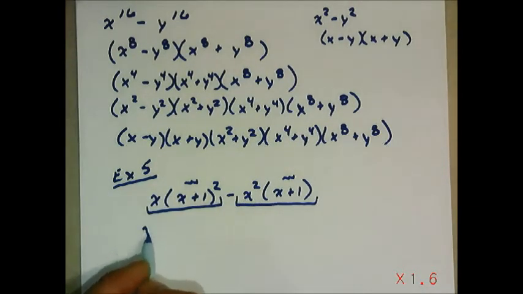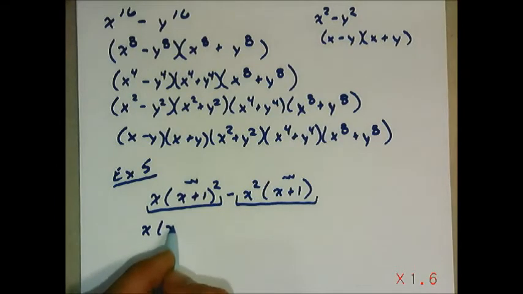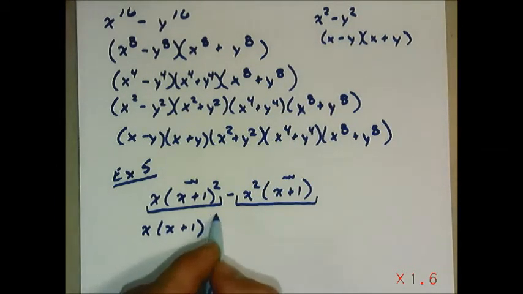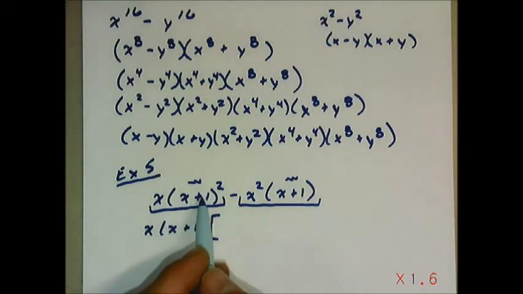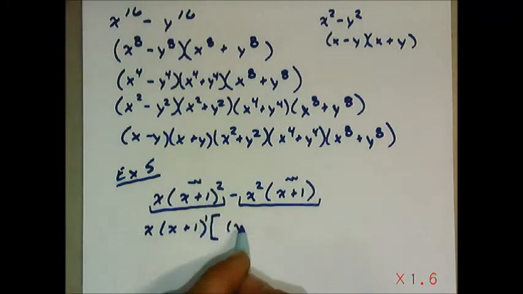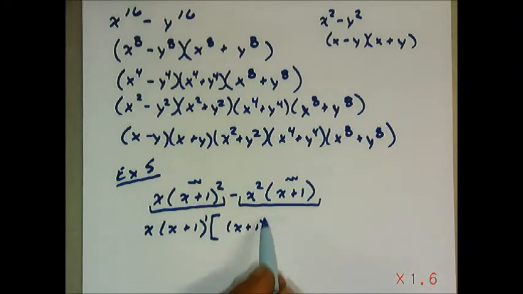So I can pull out the common factor of x and x plus 1. What I'm going to be left with, well, if I take an x and factor out an x, that's gone. If I take x plus 1 squared and factor out an x plus 1, what we're doing is subtracting the exponents. I'm going to be left with an x plus 1 to the first.